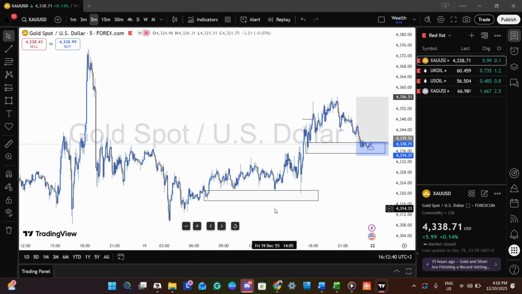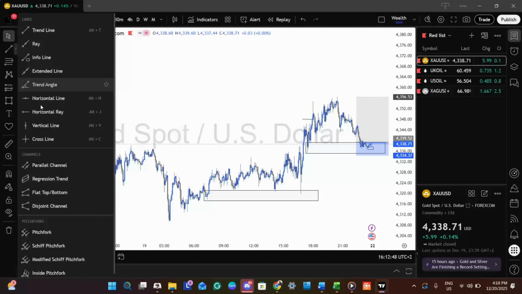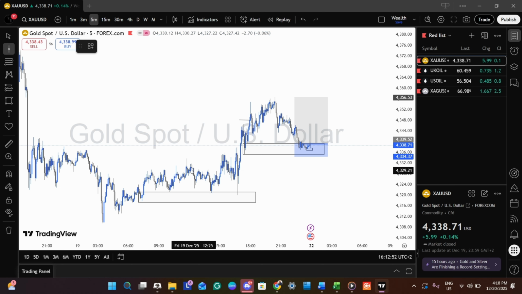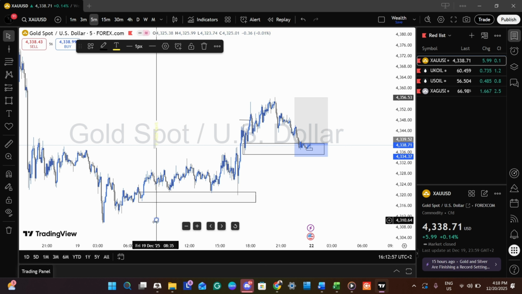Okay, so we already did some pre-marking from previous price action. So what we're going to look at here specifically with the gold market is key transitions. So first of all, we're going to mark the beginning of London session, the beginning of the European session.